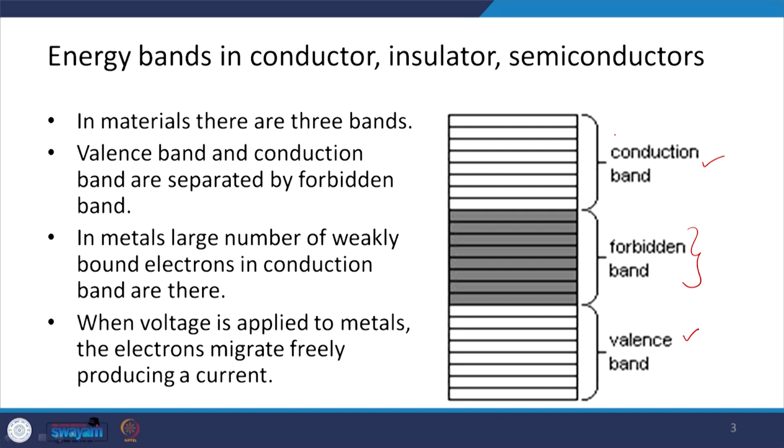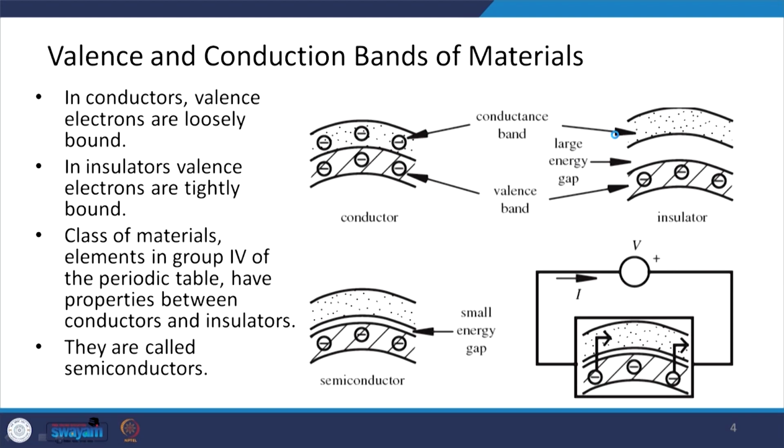We can understand the difference between conductor, insulator and semiconductor with the help of these two bands, that is the conduction and valence band, and the separation between these two bands. So, let us look at some of the figures. For a conductor, we can see that we have a valence band and a conduction band.